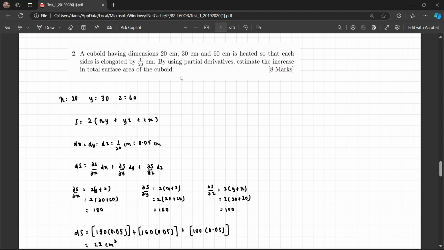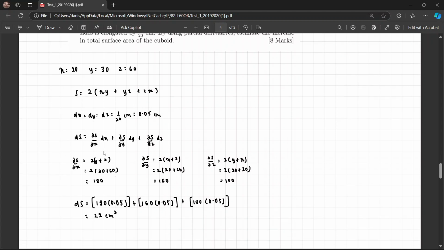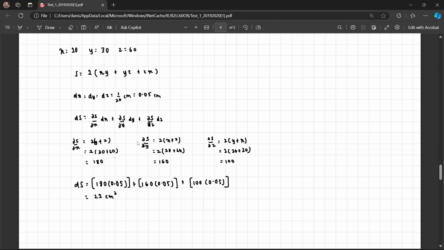To find the increase in total surface area of the cuboid, which is dS, we have to use the chain rule, where dS equals the derivative of S with respect to x times dx, plus the derivative of S with respect to y times dy, plus the derivative of S with respect to z times dz.